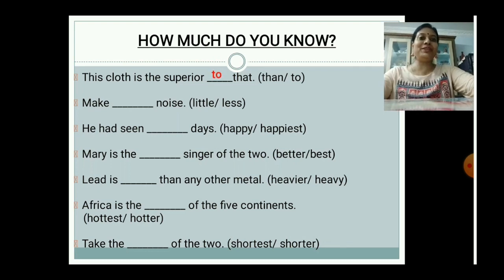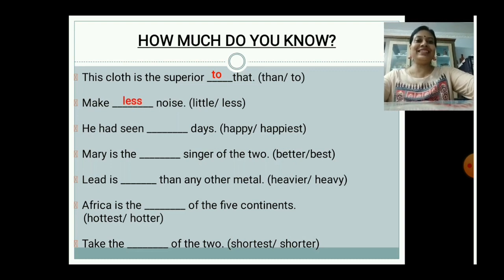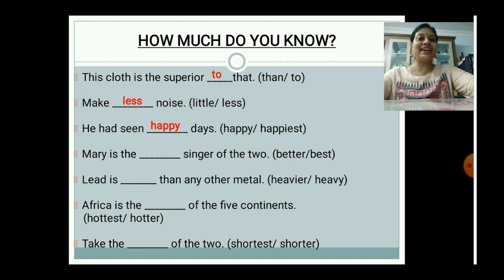Here to will be used. Make dash noise. Little or less? Yes, it will be less. He had seen dash days. Happy or happiest? Happy days. He had seen happy days.